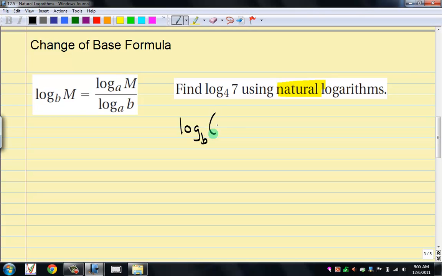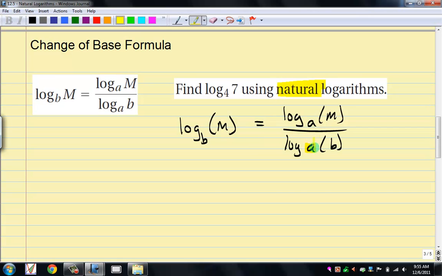Log base b of m is equal to log base a of m divided by log base a of b. And once again, a is going to be the natural log, b is our base, and m is what we're taking the log of.